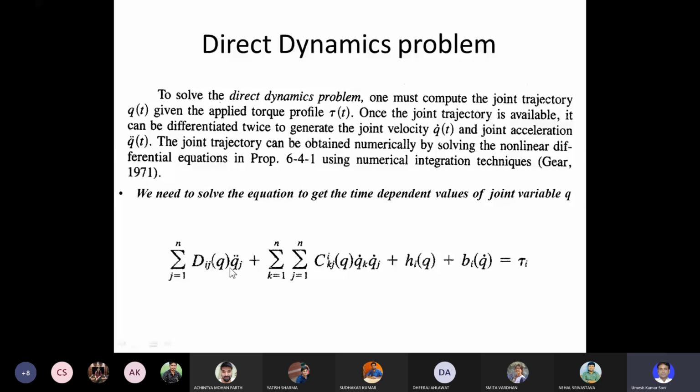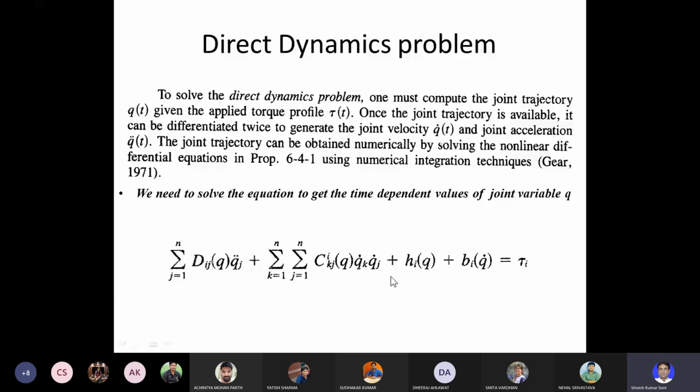So when you have these values q1, q2, q3, and you take the derivative and the double derivative and use this equation, then you determine the required torque. So this is the inverse problem.